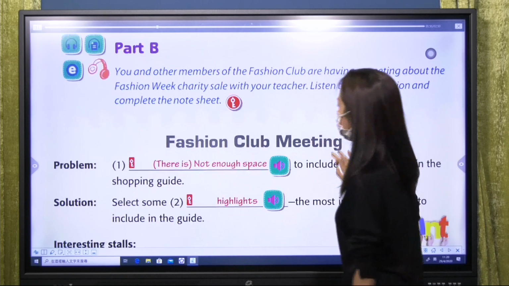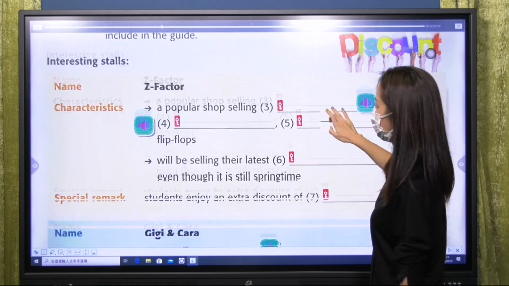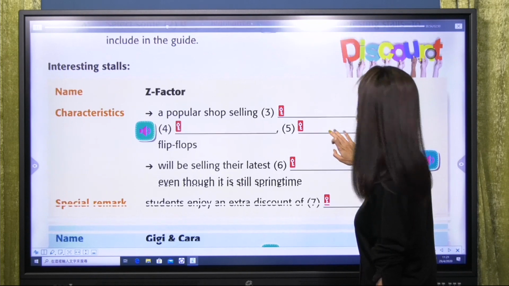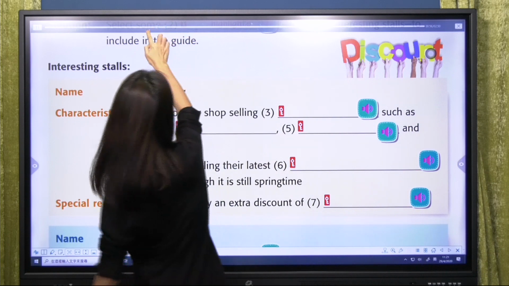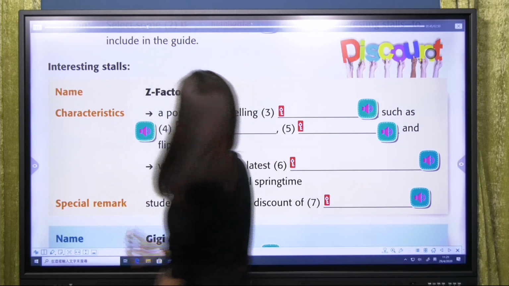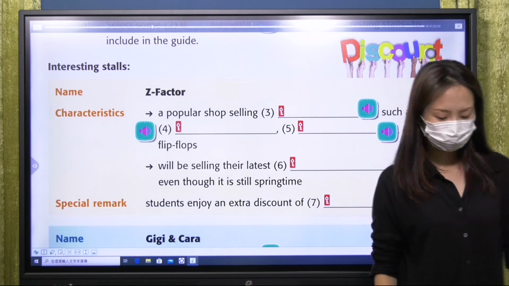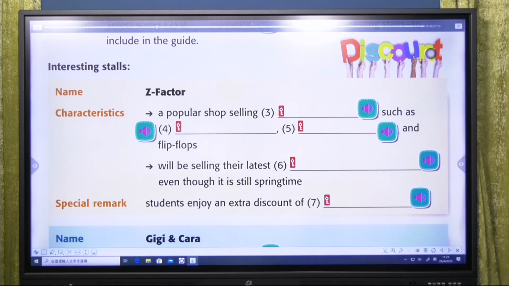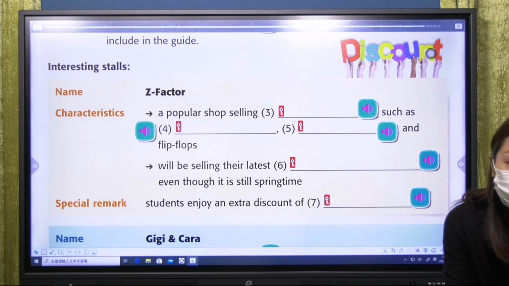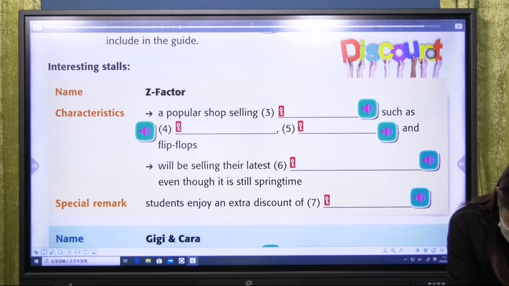Z Factor. It's a popular shop that sells casual wear. My friends and I buy clothes there sometimes. What will they be selling on the day of the charity sale?